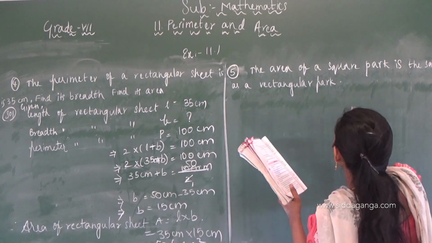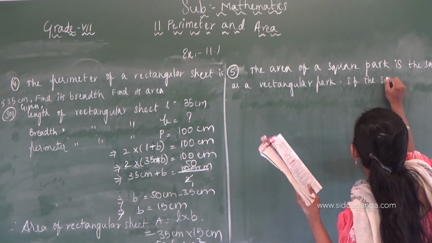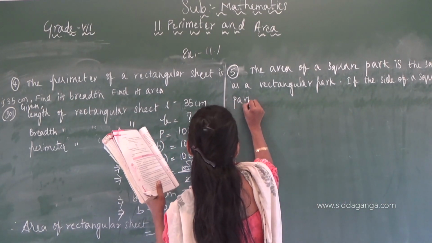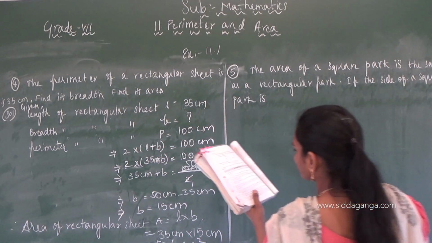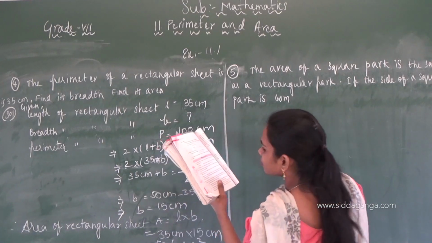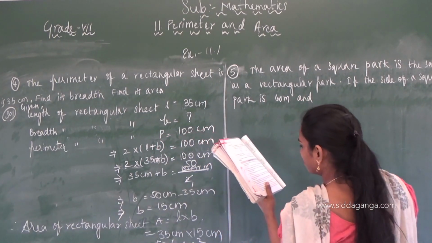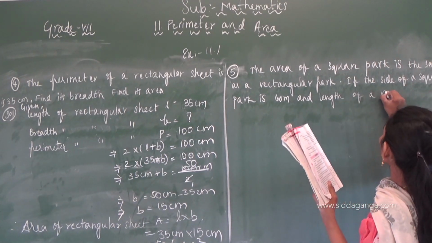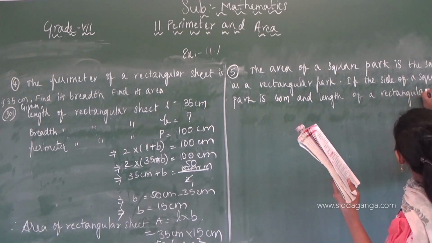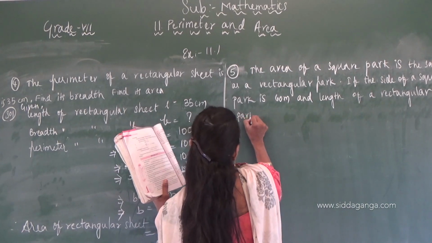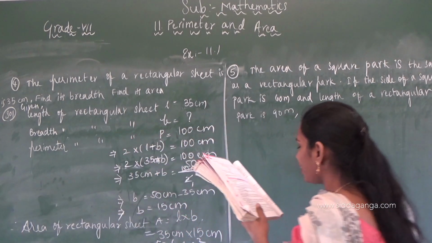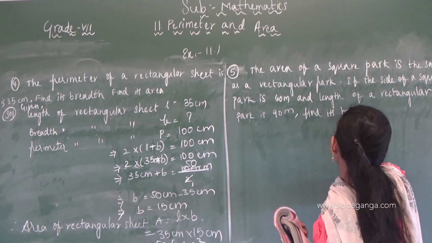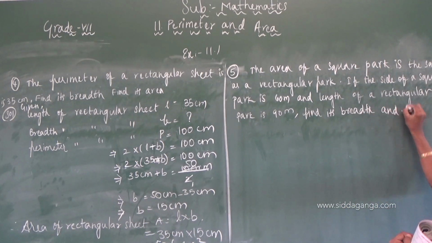If the side of the square park is 60 meters and the length of the rectangular park is 90 meters, find its breadth and perimeter.